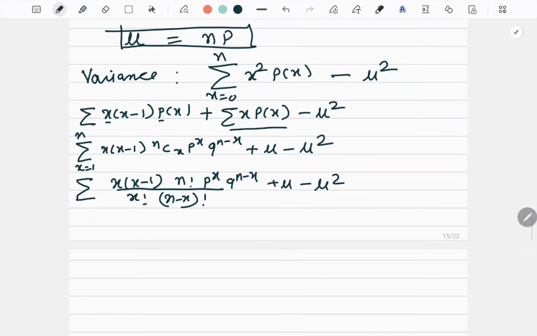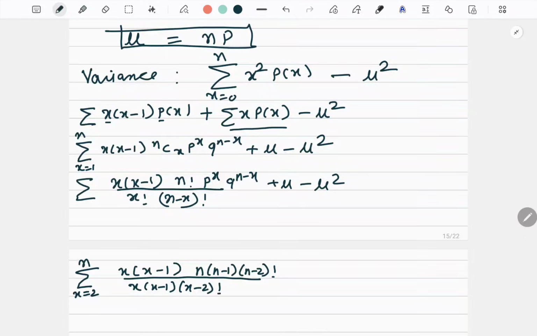Okay. Now see, summation x is equal to 2 to n, because I want to get rid of these two terms, x and x minus 1. So I will open n factorial and x factorial for two steps. So n factorial, how will I write? n into n minus 1 into n minus 2 factorial, upon x, x minus 1, x minus 2 factorial.